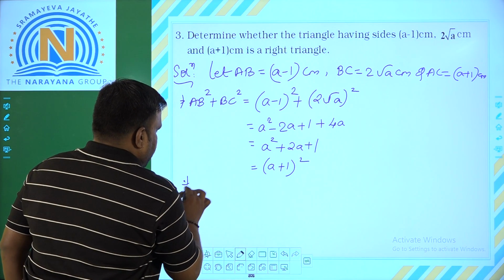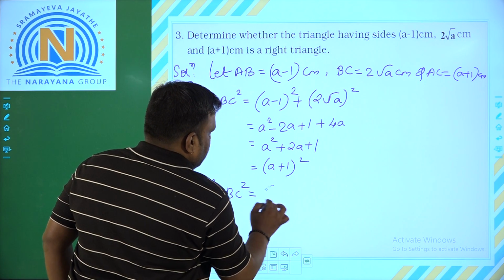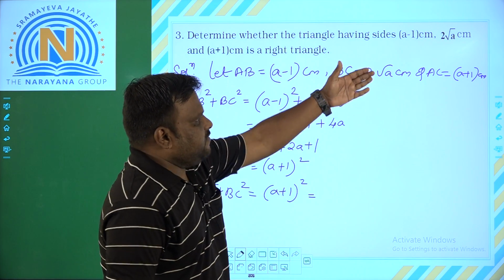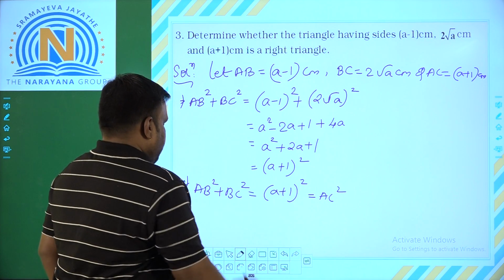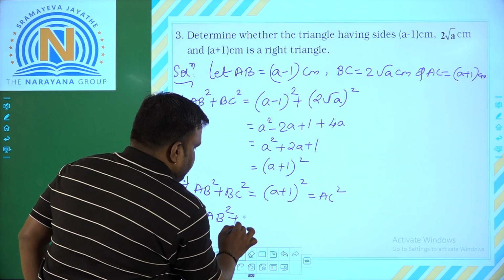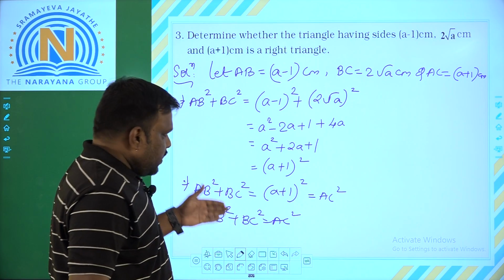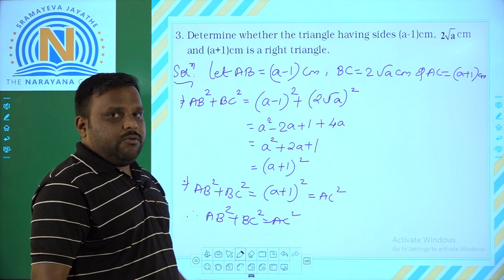That means AB square plus BC square is equal to a plus 1 whole square. If you check correctly, a plus 1 is nothing but AC. So we got AC square. Therefore AB square plus BC square is equal to AC square.